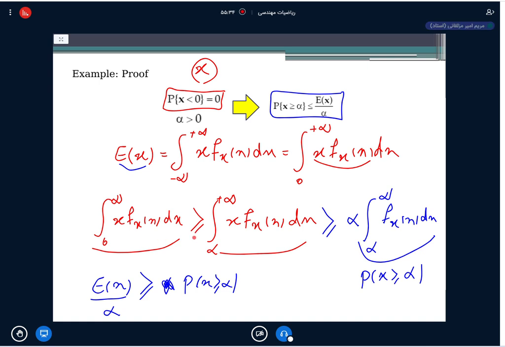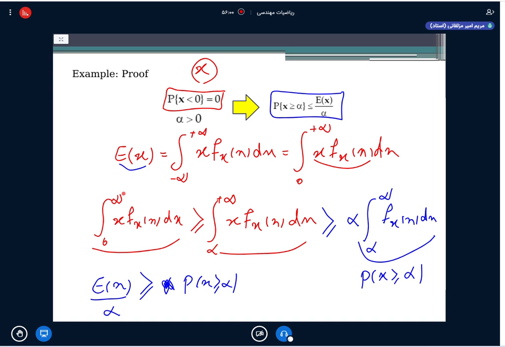But now, we know that this integral from 0 to positive infinity is equal to the integral from 0 to alpha plus the integral from alpha to positive infinity.